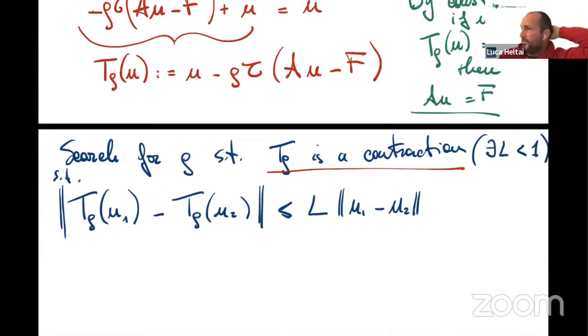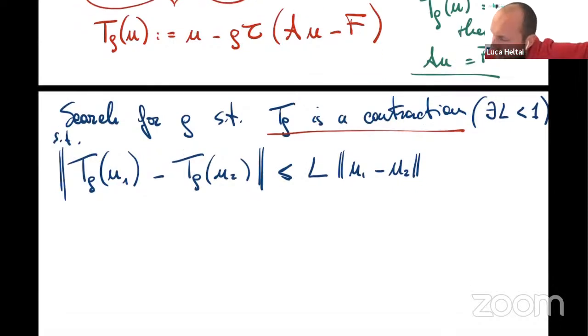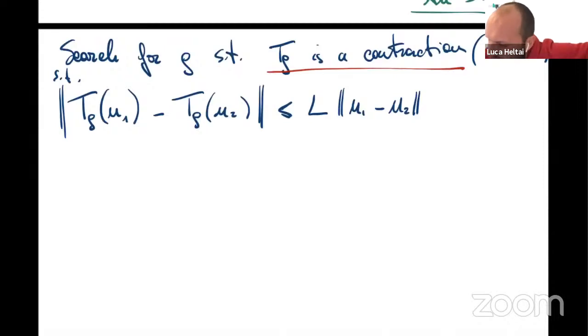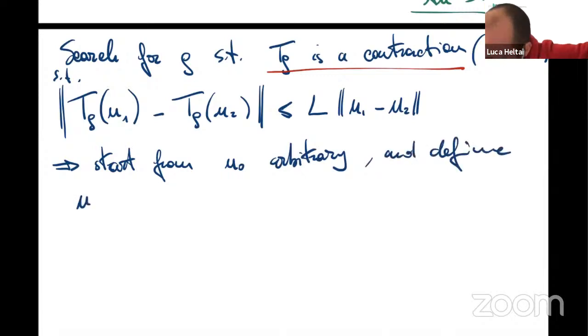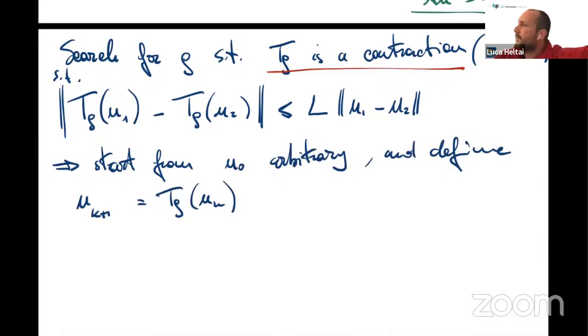It's clear that if this is satisfied, then why is this a good thing? Well, because then you can start from u0 arbitrary and define u_{k+1} equal to T rho of u_k.